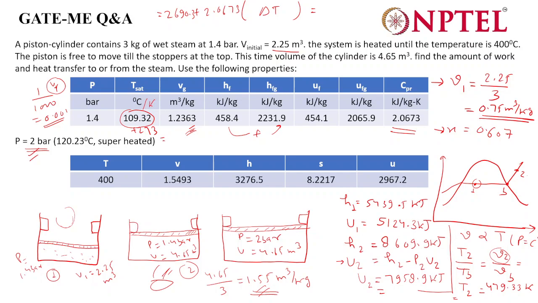One minute. 109. So 479.33 minus 382, into this Cp value and plus HF. You tell how much it is coming?